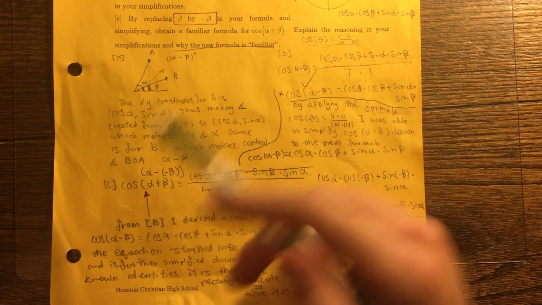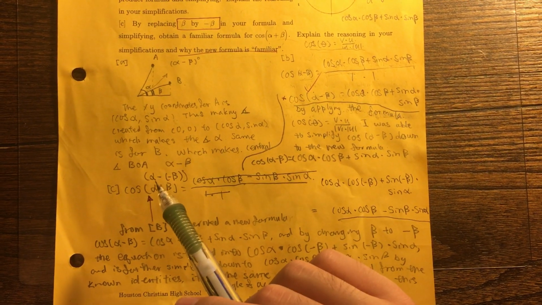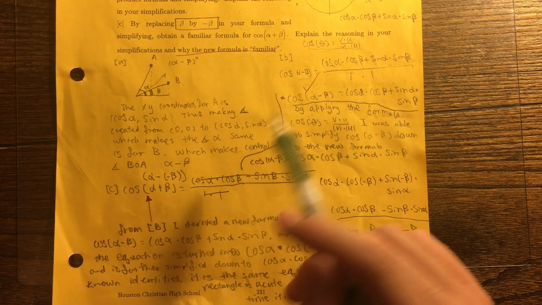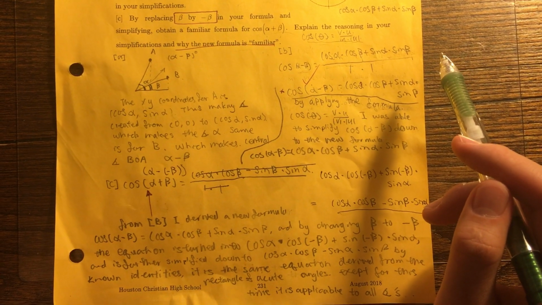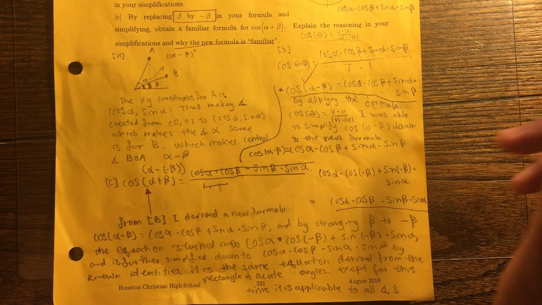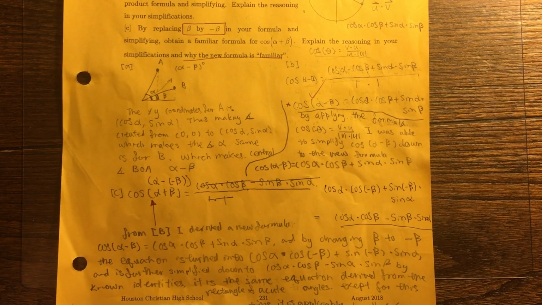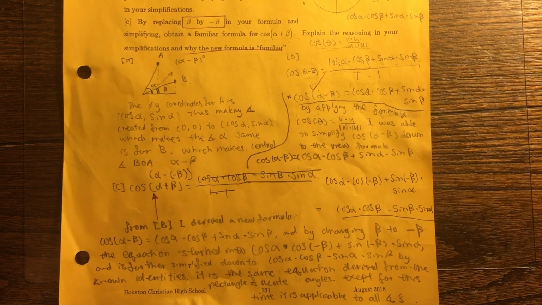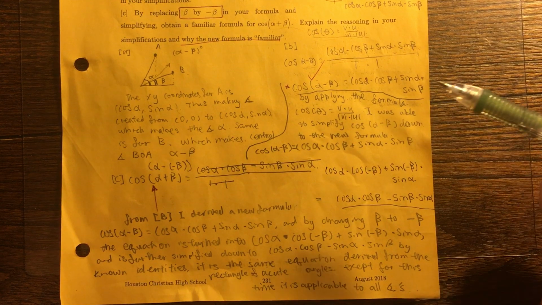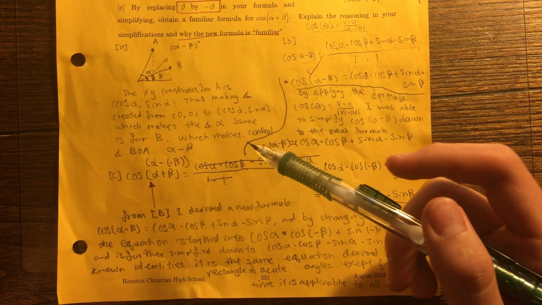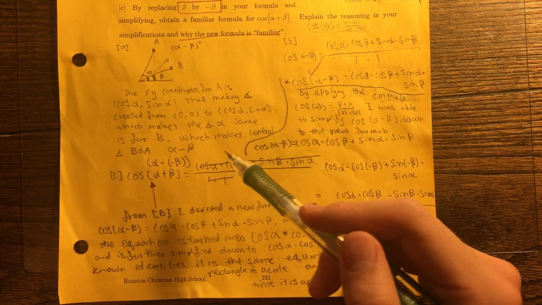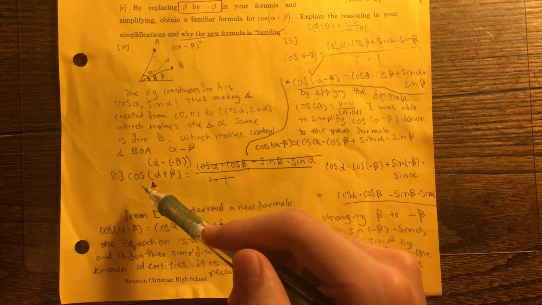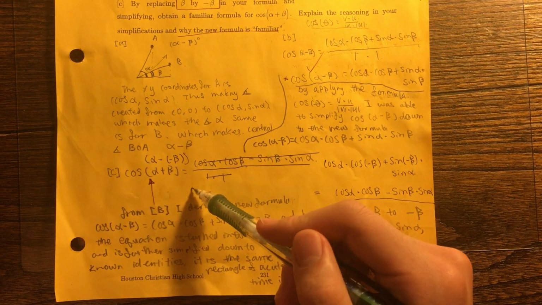So for part C, we're going to use the equation that we found in part B. Part C is basically replacing beta with negative beta and gives us the new equation. So this is basically cosine alpha minus negative beta, which can be simplified down to cosine alpha plus beta.